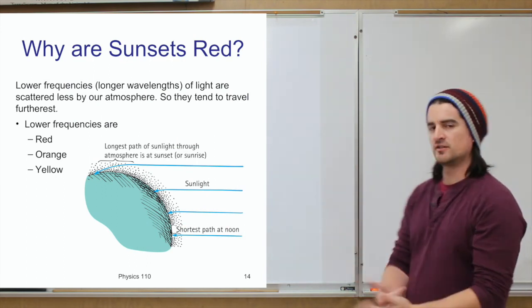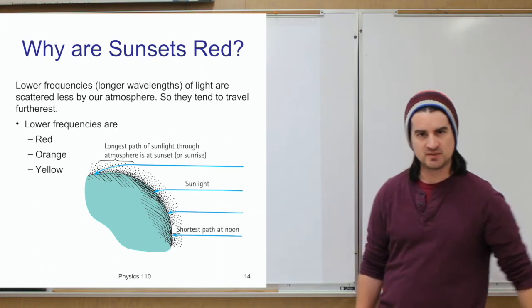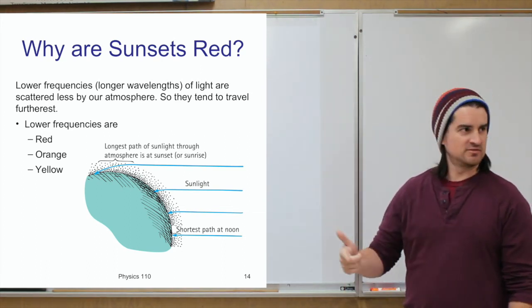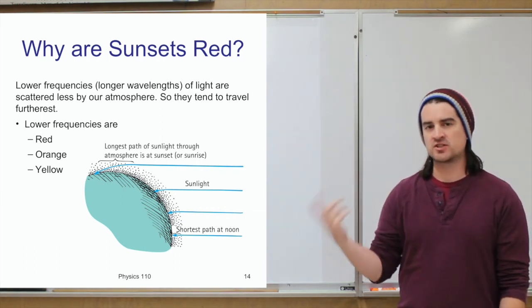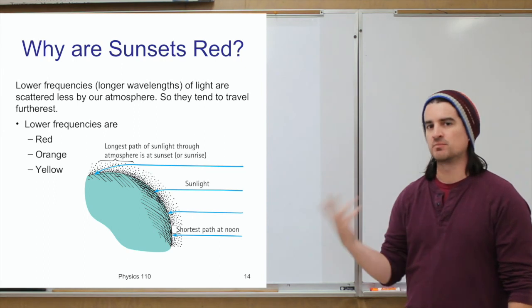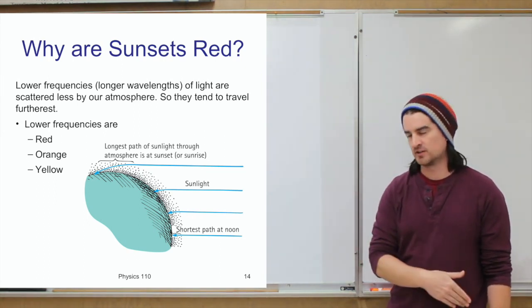Okay, so another interesting question. Why then are sunsets red? Okay. So in the last slide I told you the atmosphere tends to scatter the higher frequency wavelengths, like blue, much more than it does the lower wavelengths.